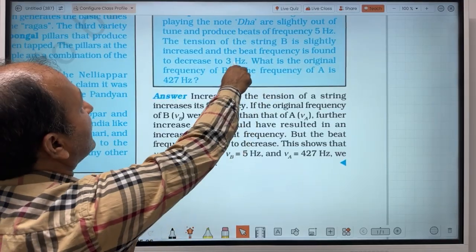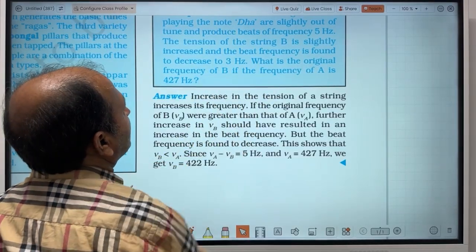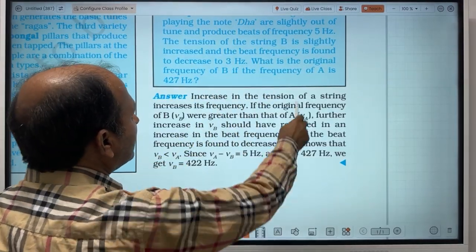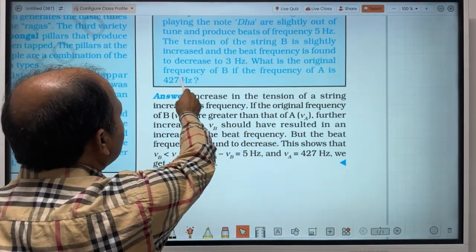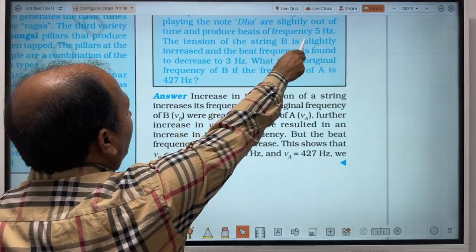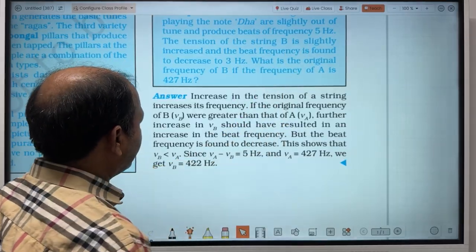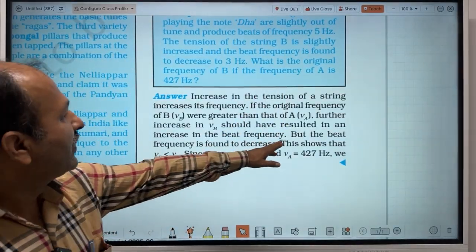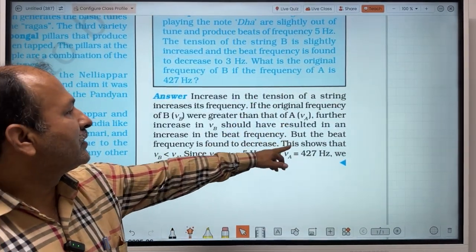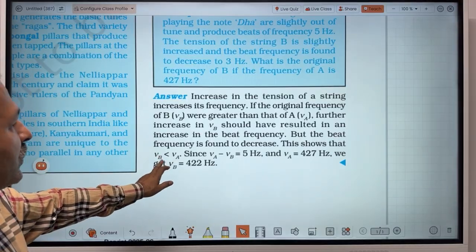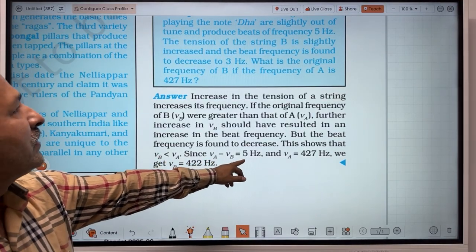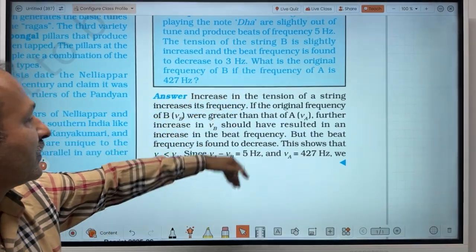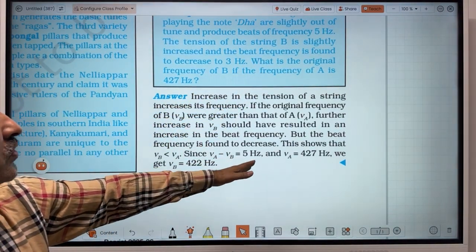But here just the opposite thing is happening. Here it decreases to 3 Hz. So definitely we have to reduce this value by 5 to get the frequency of B. The beat frequency is found to decrease. This shows that nu B is less than nu A, since nu A minus nu B is given as 5 Hz, because beat frequency means the difference of the two frequencies.